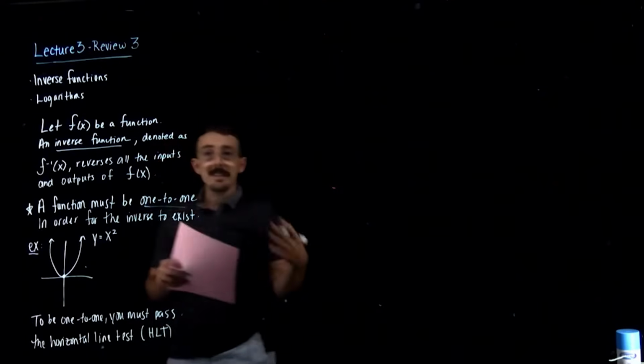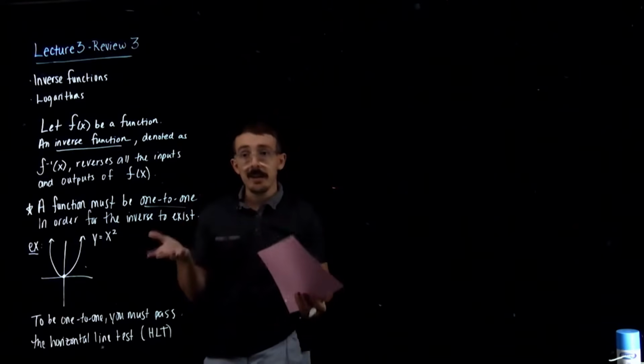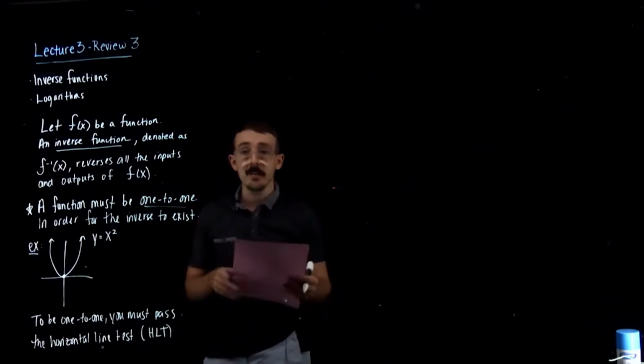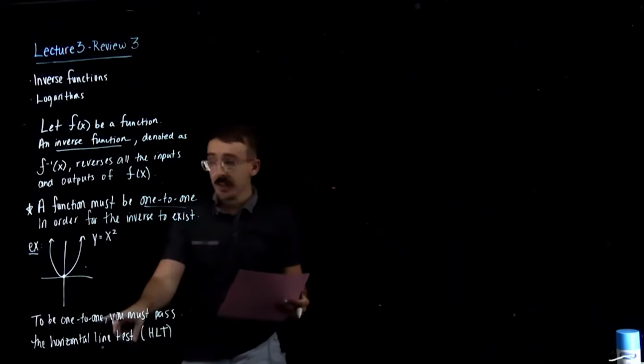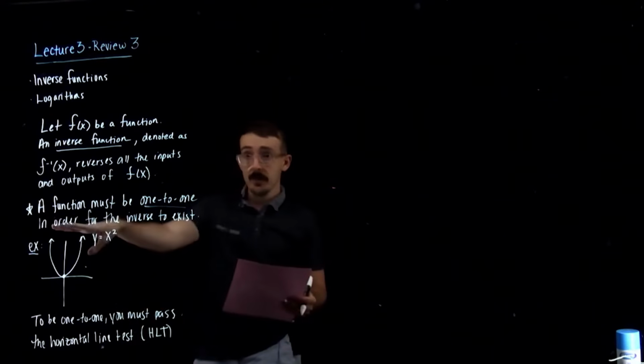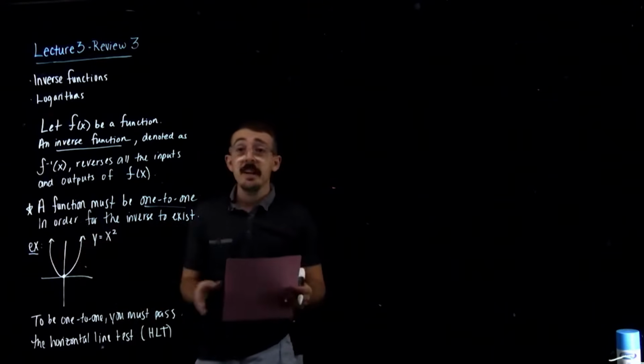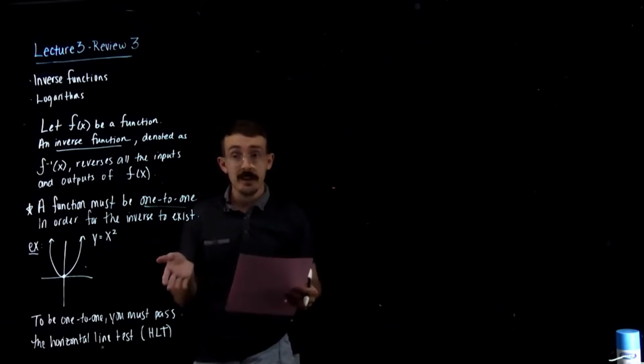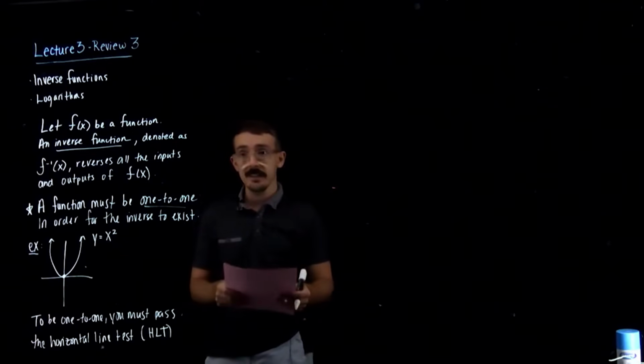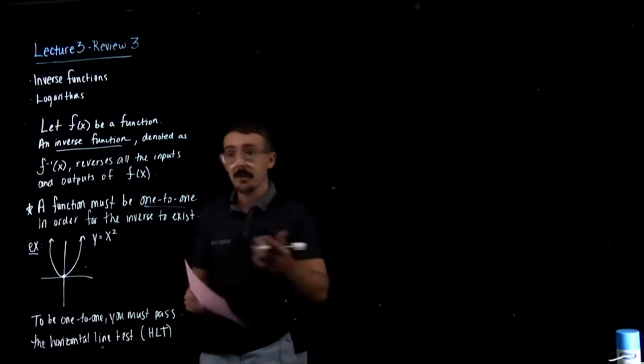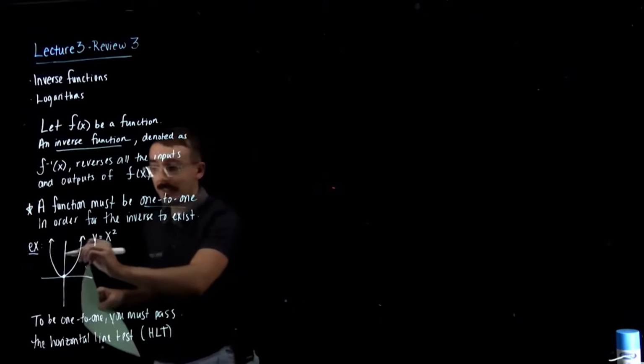It's similar to the vertical line test, which you might remember is used to figure out if a relationship is a function. Here, you pass a horizontal line all along the graph, and if it hits it in more than one spot, it fails the horizontal line test, i.e. it's not one-to-one.